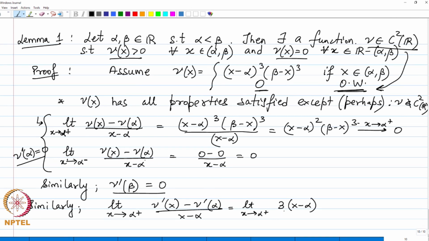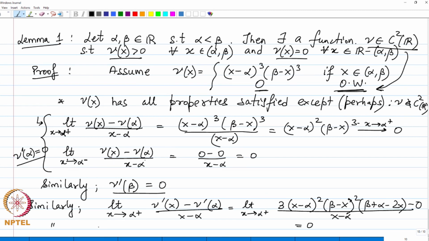This is 3 of x minus alpha square times beta minus x square. Again this particular expression follows by direct differentiation of the function. So, there is no complexity involved at all, divided by x minus alpha, and when we evaluate the right hand side limit we arrive at the fact that this is also equal to 0, right.